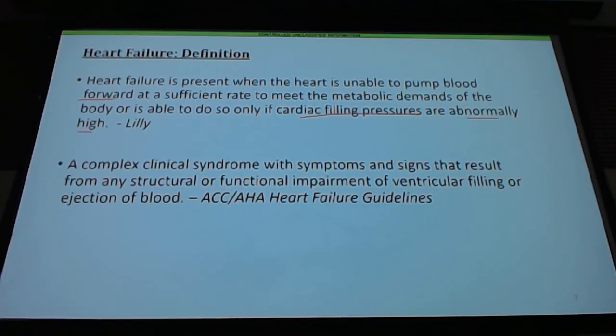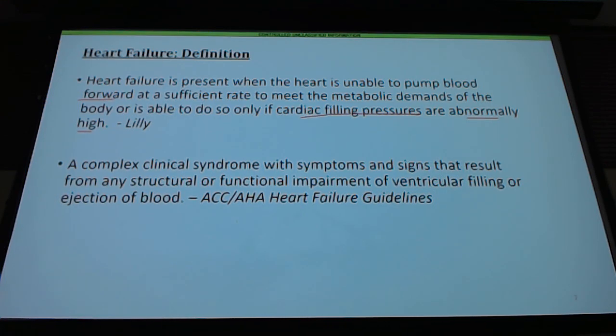So basically there's a compensatory change where the pressure goes up too high to try to support that forward cardiac output, but it starts causing additional problems because that pressure is so high.